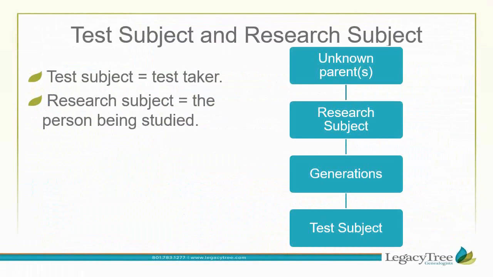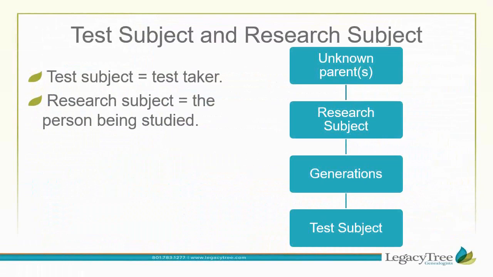A test subject is a test taker, anybody who takes a DNA test. And we're using those DNA test results to try to answer a research question about a specific individual. Right? So if you were to take a DNA test in order to learn more about the origins of your great-grandfather, then the research subject would be your great-grandfather.